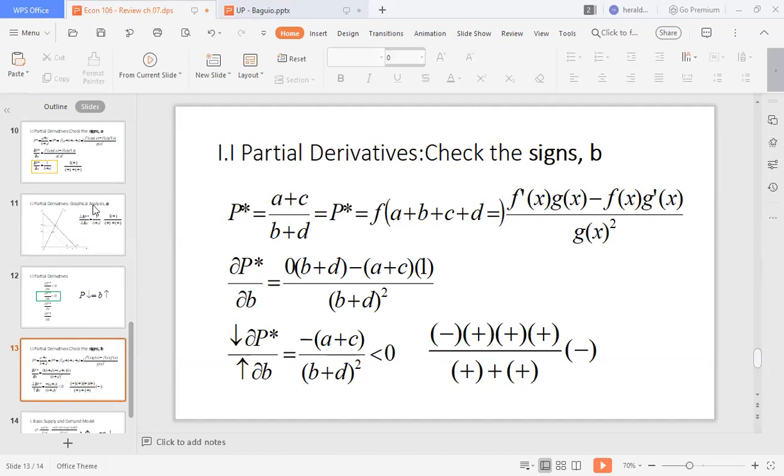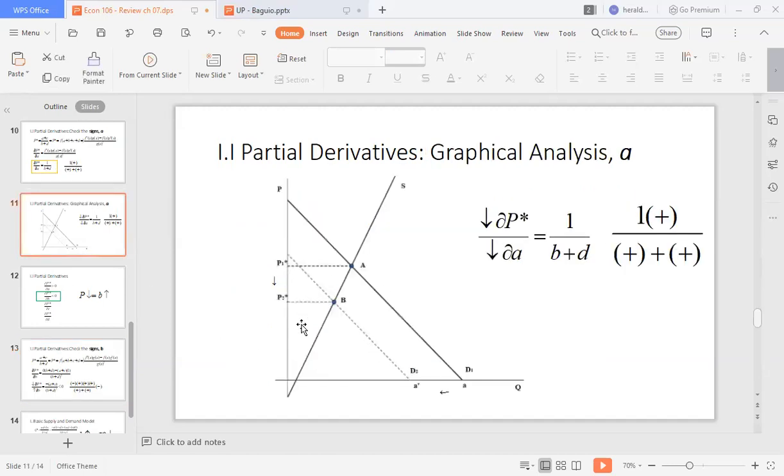The same goes for A. There was a decrease in A here, so the graph is very specific to a decrease in A. But the entire point is that it helps you with the direction of the equilibrium value in question.